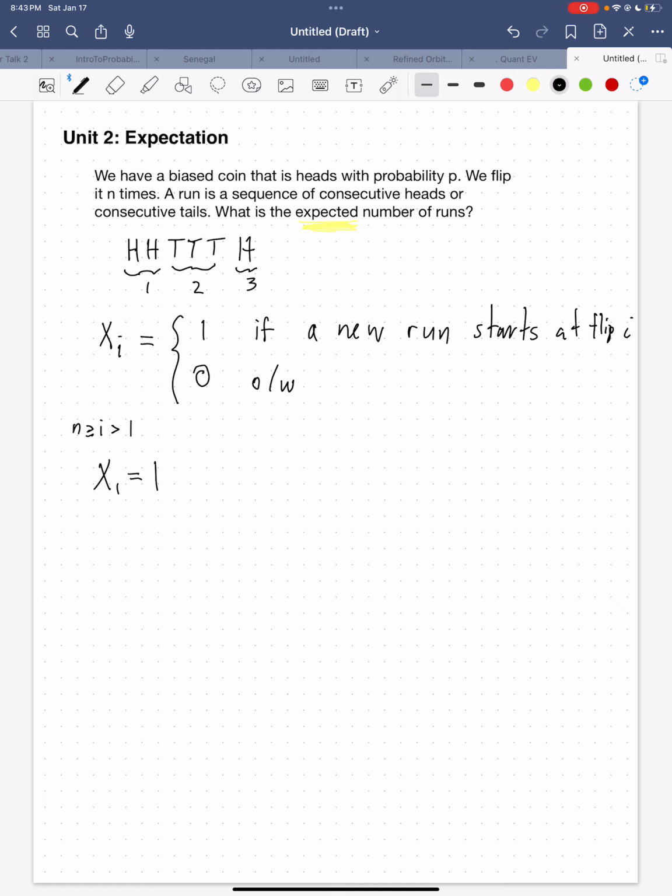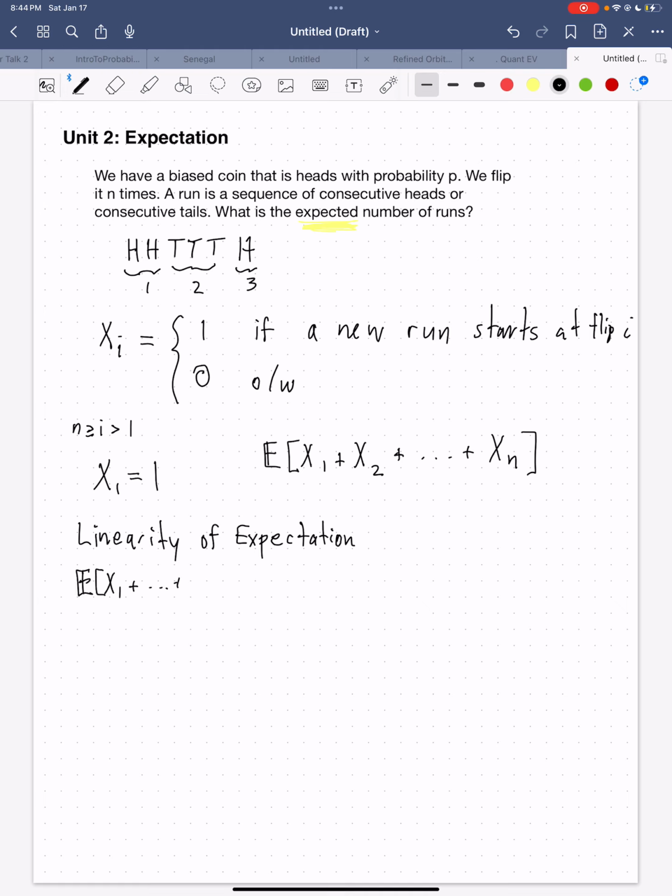So if we want to count the number of runs, or the expected number of runs, if we do n flips, what we need is this expectation: the expectation of X1 plus X2 plus up to Xn. So now we use the most powerful thing we have available to us, which is linearity of expectation, which says that we can write this expectation of a sum as a sum of expectations.